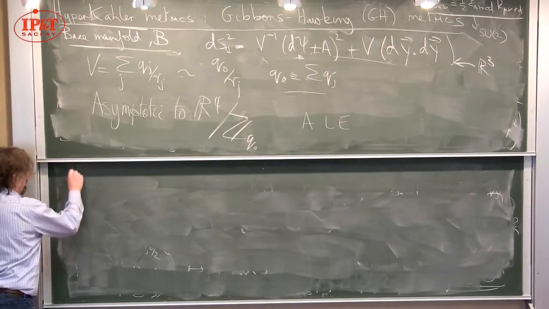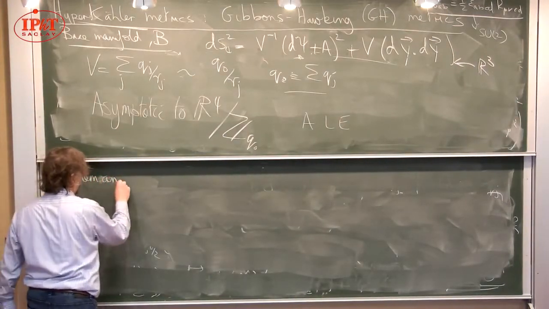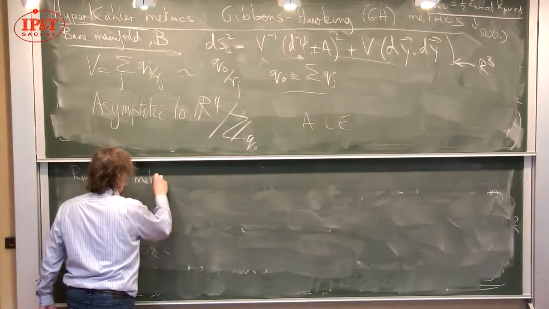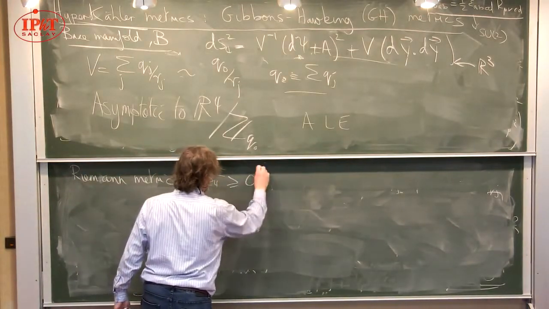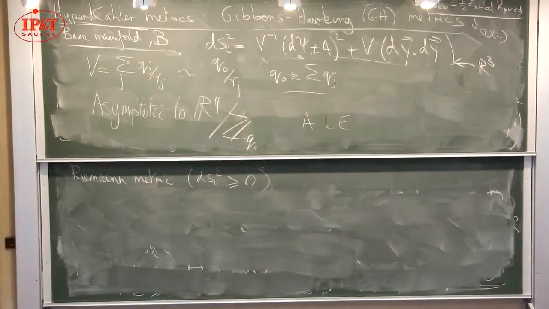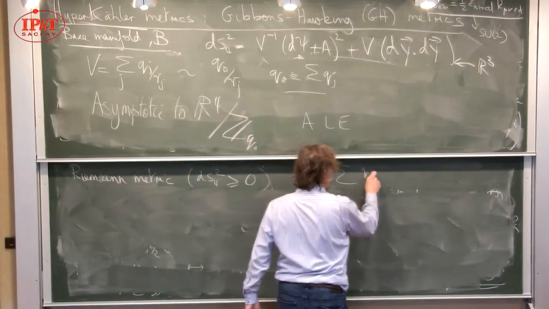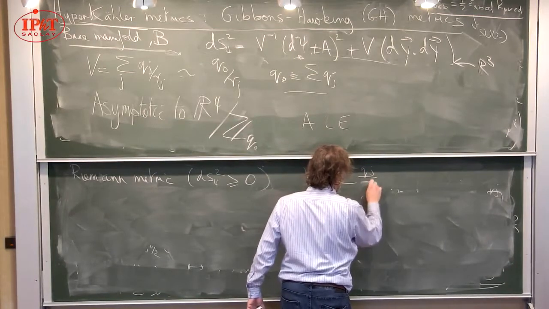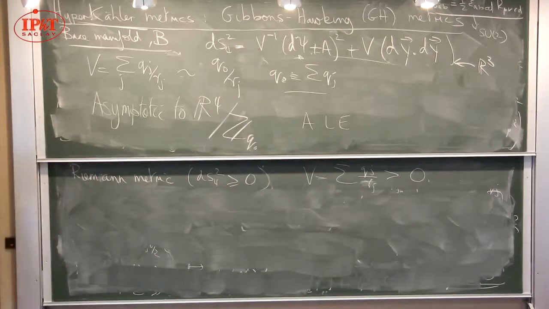If you make a Riemannian metric, that means that ds4 squared is positive definite, or positive semi-definite at least. Then you better have V strictly positive. Otherwise, it's going to be horribly singular.